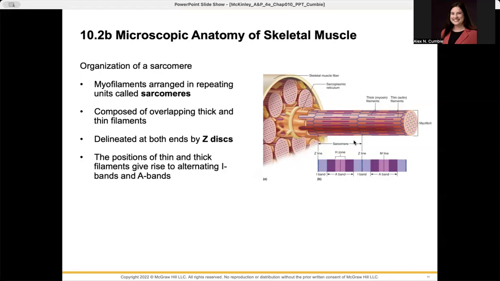So Z disc right here, Z disc right here, or you could call it a Z line as well, up to you. That's going to separate each individual sarcomere that we have present. And we have, again, hundreds, if not thousands of sarcomeres in each myofibril, right, which is one of the main structures inside our muscle fiber.